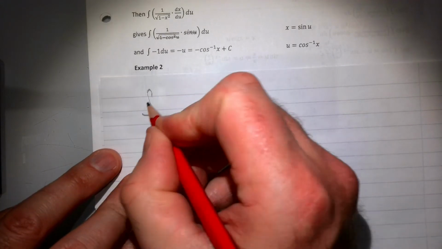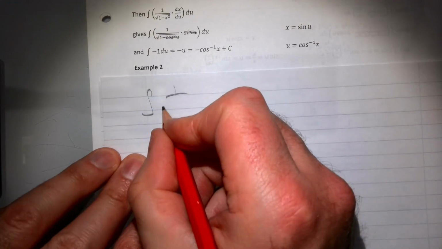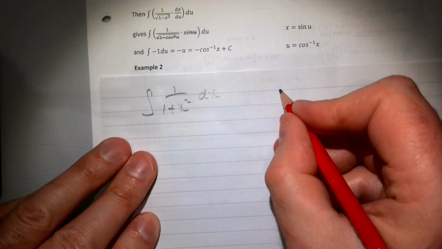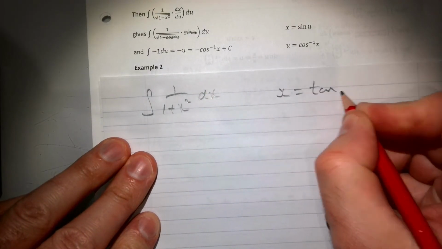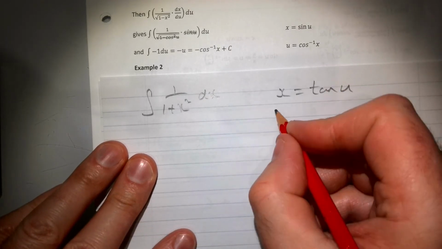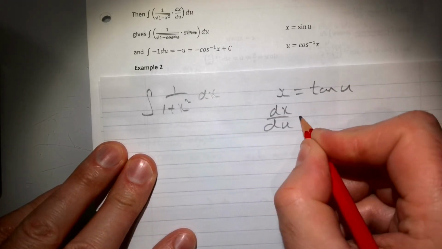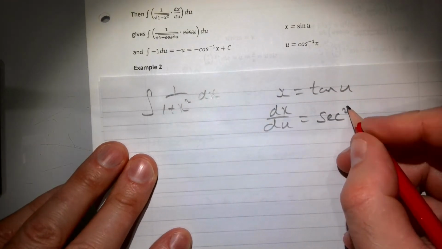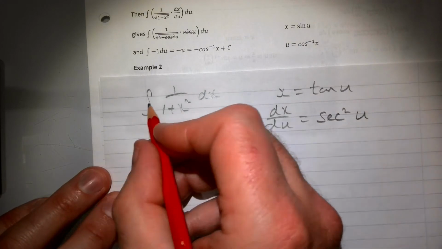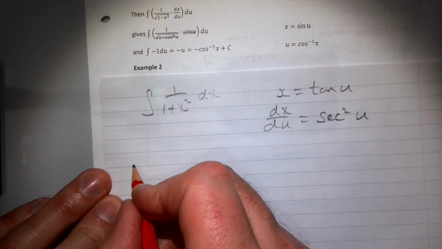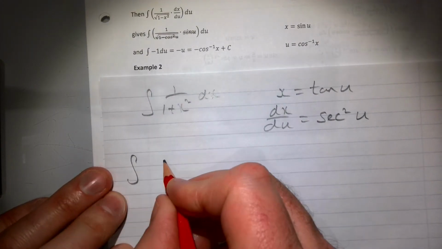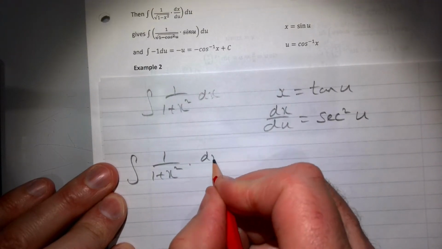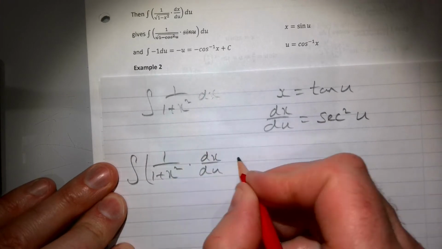Our question here is the integral of 1 over 1 plus x squared dx, and we're going to let x equal tan u. That means dx by du, so differentiating, if you differentiate tan you get sec squared u. Using our substitution formula, it's going to be the integral of 1 over 1 plus x squared times dx by du.